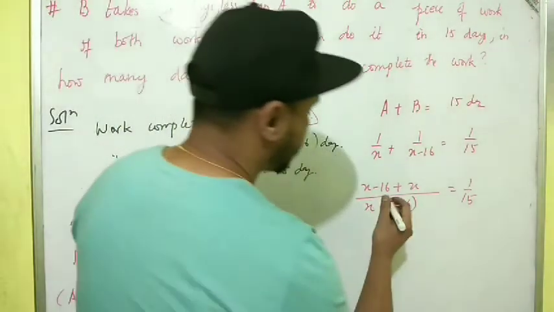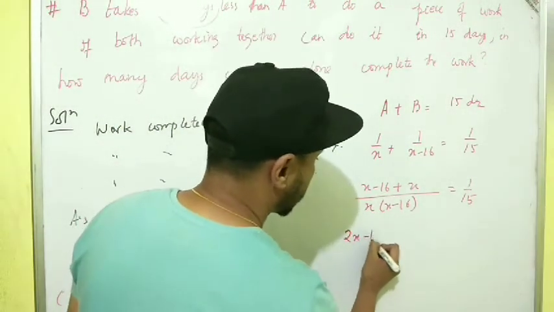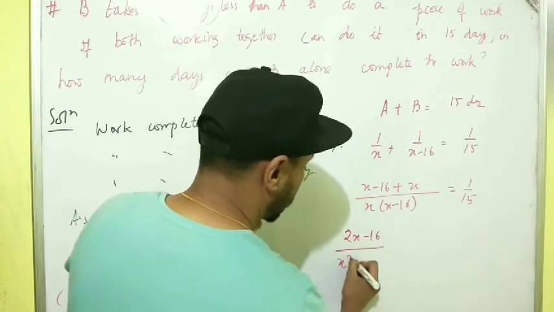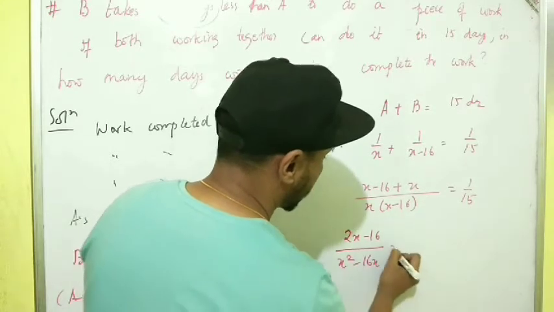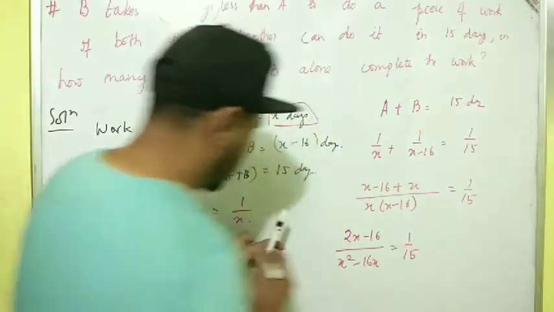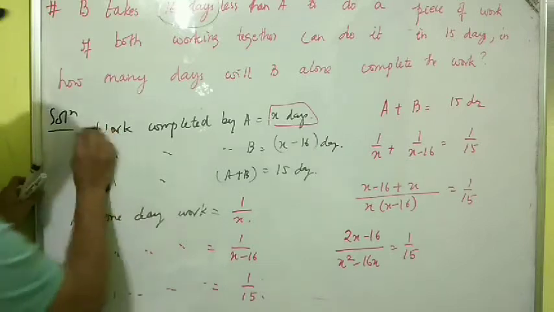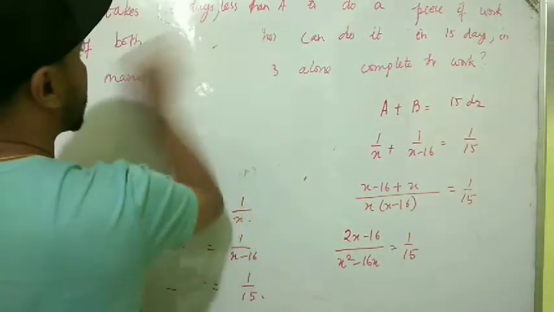Now this will be 2x minus 16 divided by x square minus 16x is equal to 1 by 15. Now let's cross multiply.